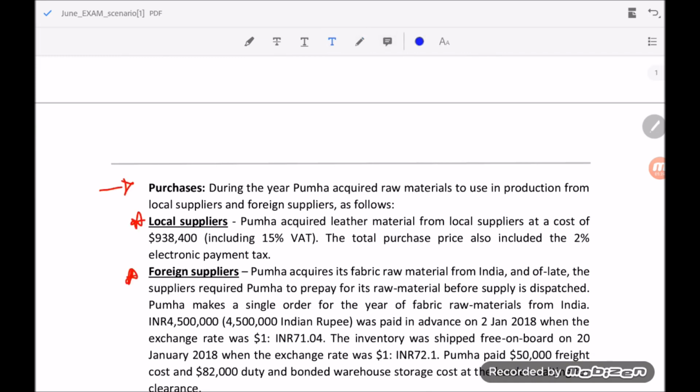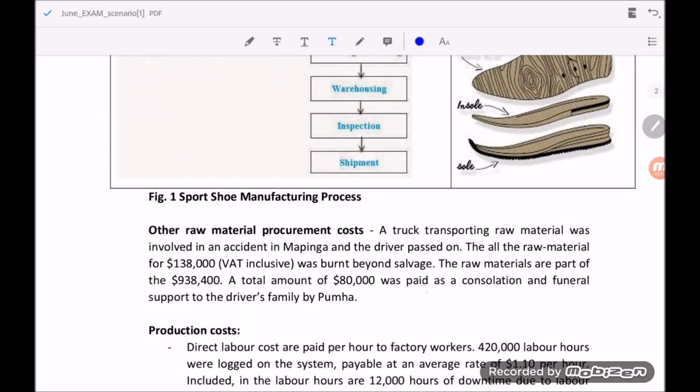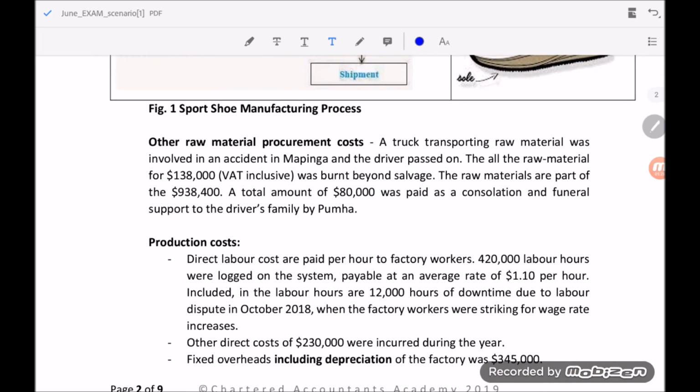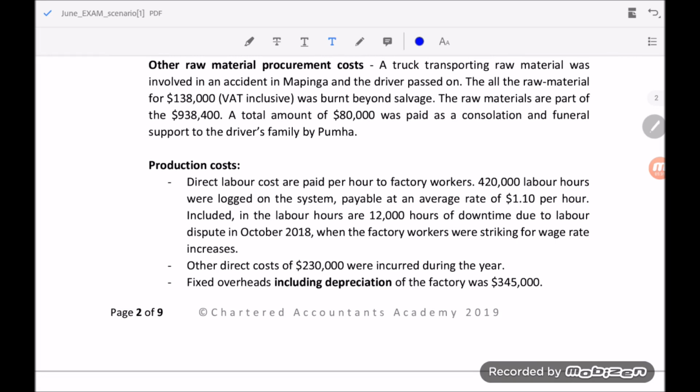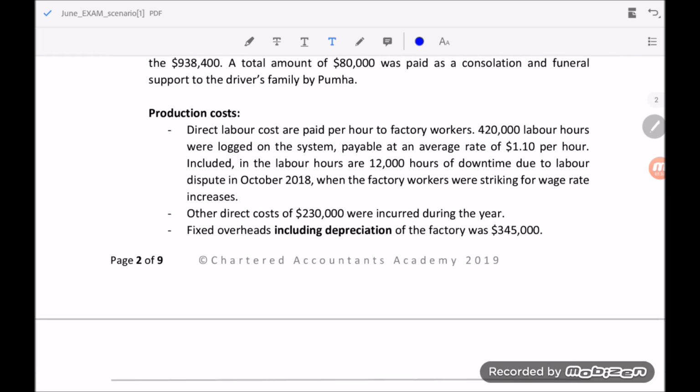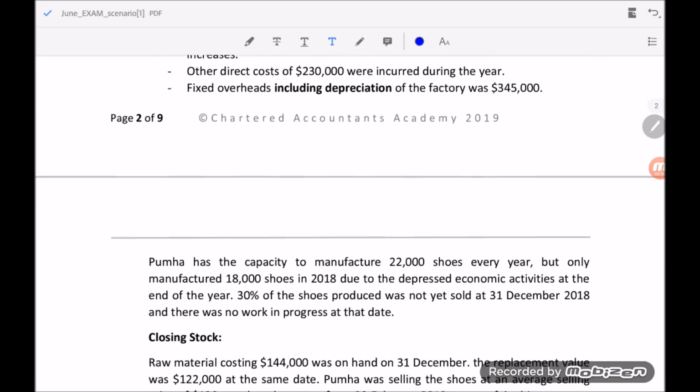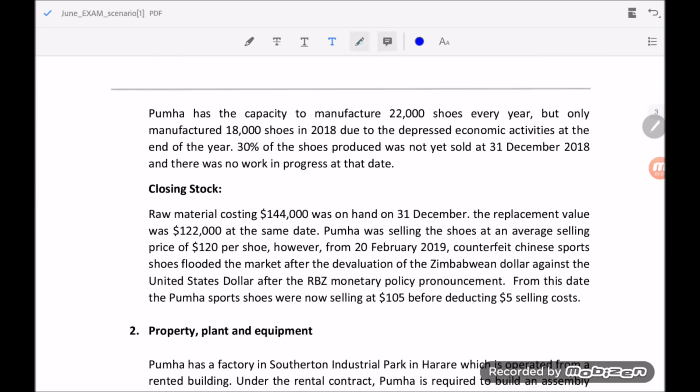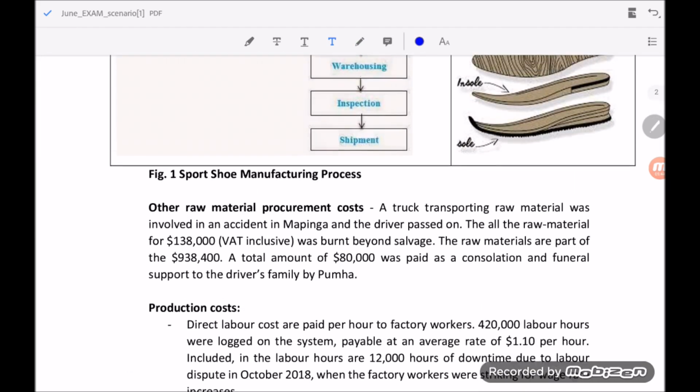Further down, we also see other raw materials which have been procured, and production costs. Under production costs, we've got direct labor, other direct costs, fixed overheads, and lastly, down here we see the closing stock figure.